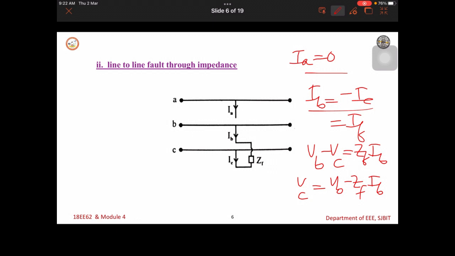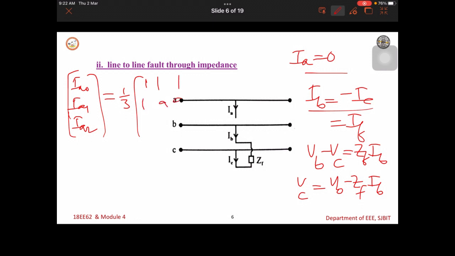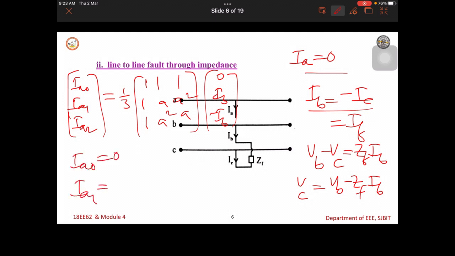Let us use the same formula: IA0, IA1, IA2 is equal to 1/3 of [1 1 1; 1 A square A; 1 A A square] times [0, IB, minus IB]. If you simplify this, you will get IA0 is 0 and IA1 is minus IA2.